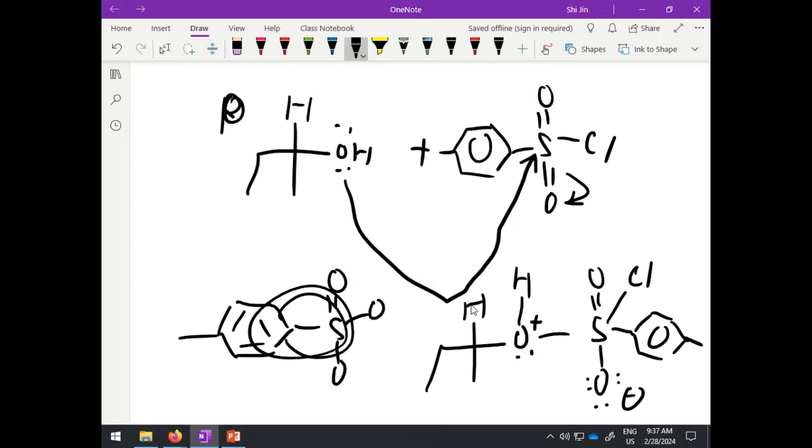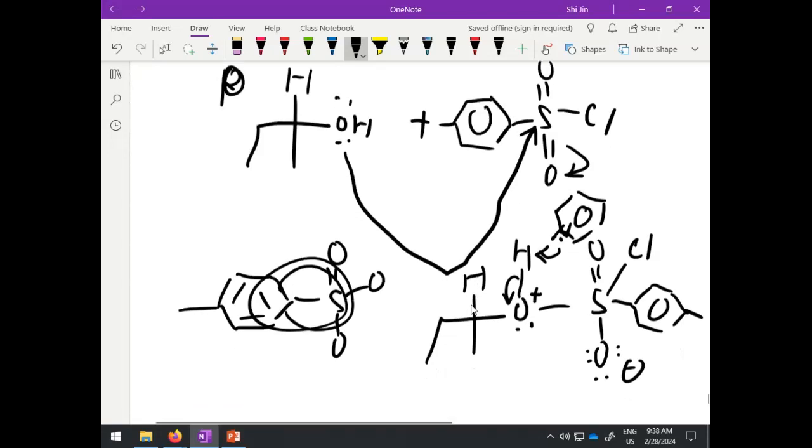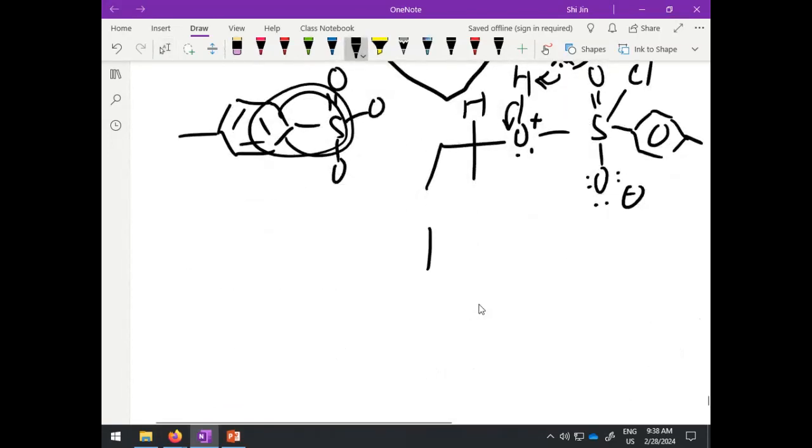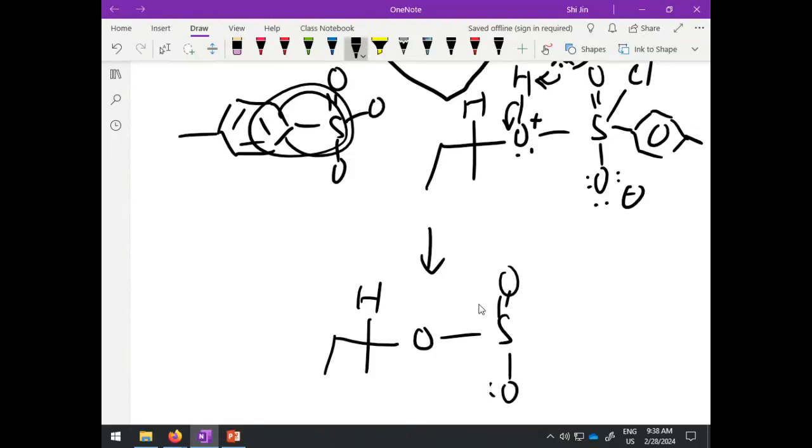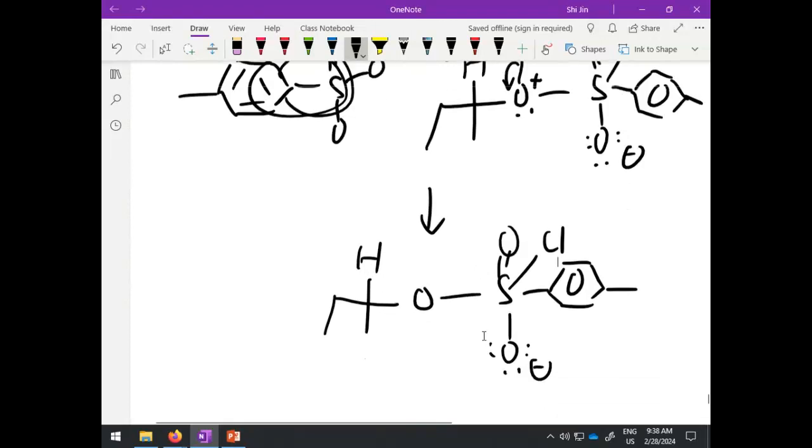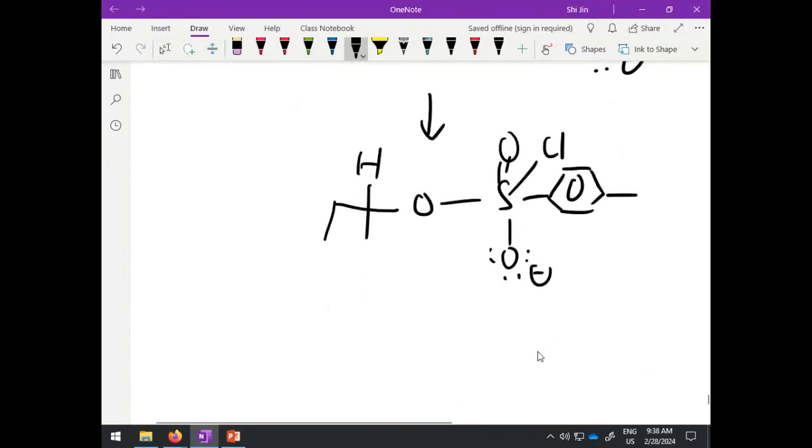Then you will have pyridine taking this proton away again, and you're going to have this chloride. The next thing is that the SO double bond wants to restore itself.